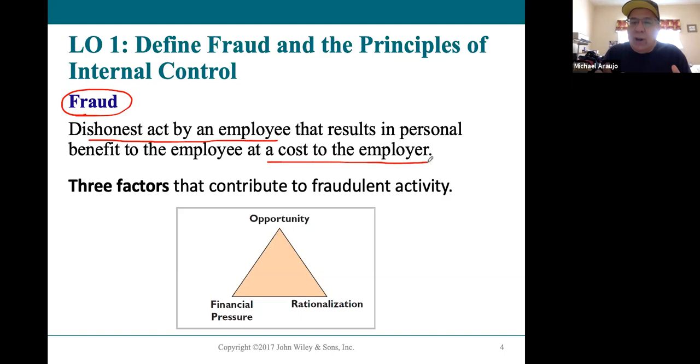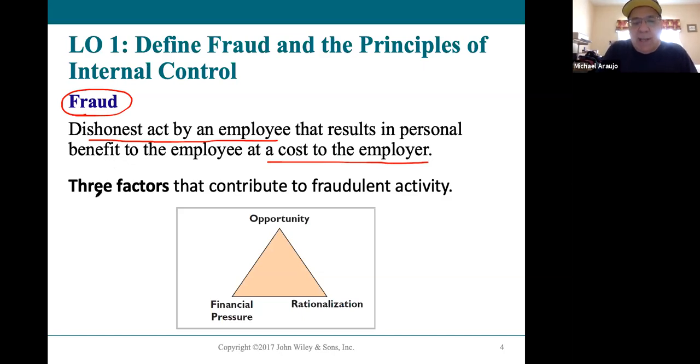Okay, so we're narrowing our definition of fraud to that when we talk about it here. Of course, fraud is much bigger than that as a legal concept, and we're not getting into any of that stuff, but we're only looking at it from this narrow definition.